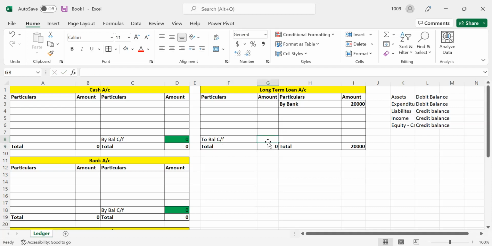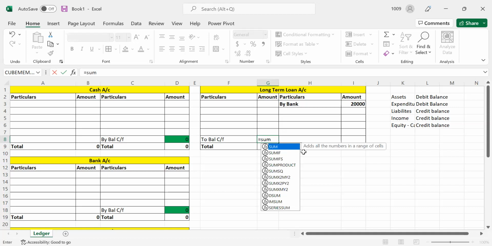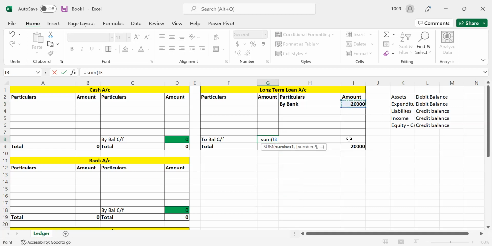Here, the same thing that I did for this one, I'm doing once again, but on the opposite side: sum of all the figures on the credit side first minus sum of all the figures on the debit side, and this will be the credit balance.